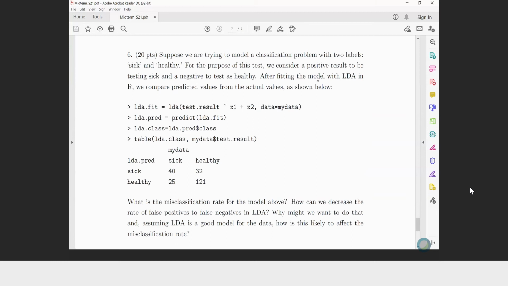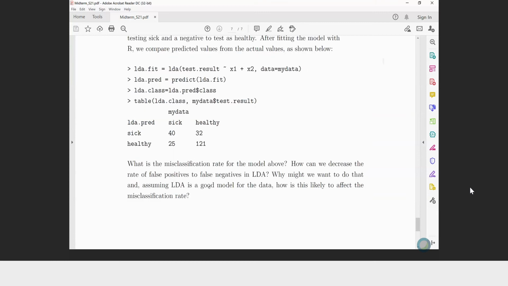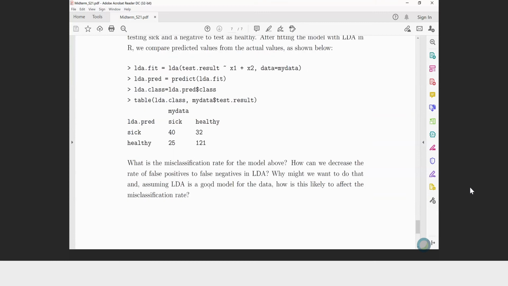After fitting the model with LDA in R, we compare the predicted values to the actual values. This is your actual value, this is your predicted value. We ask what is the misclassification rate for the model? That's pretty simple there.